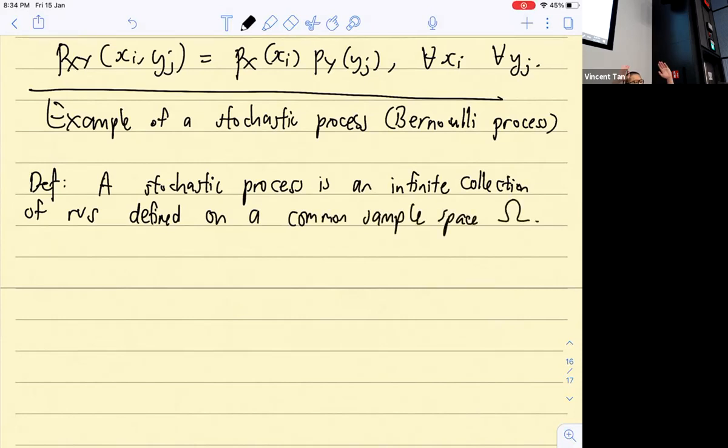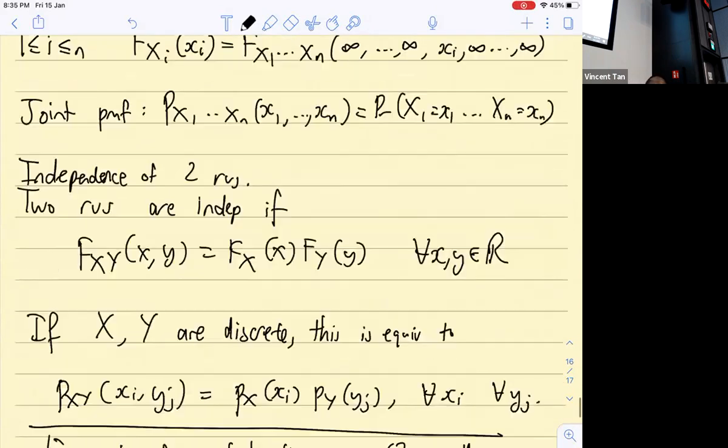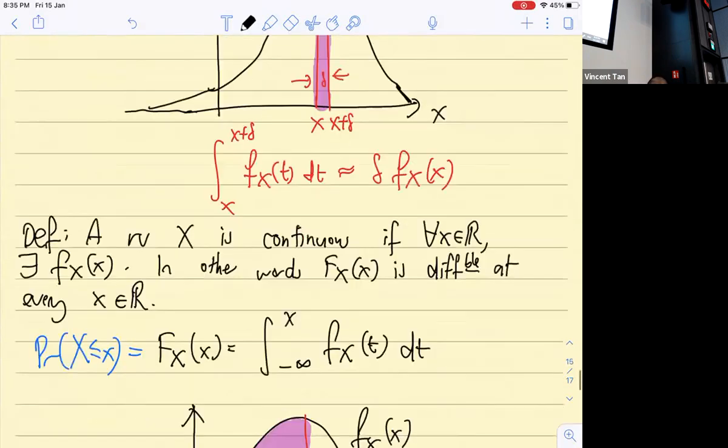So we have a single common sample space. You can define many different types of random variables on it. And a random variable is nothing but a mapping from the sample space to the real line, as I showed you just now.